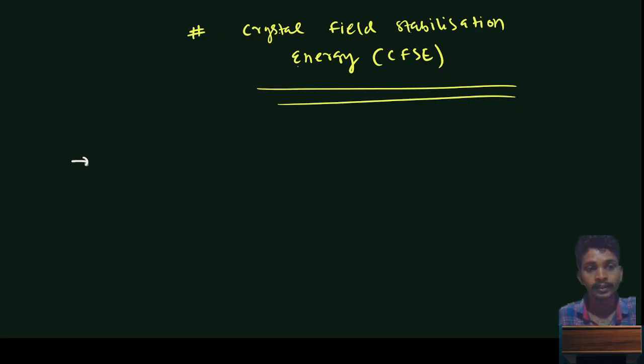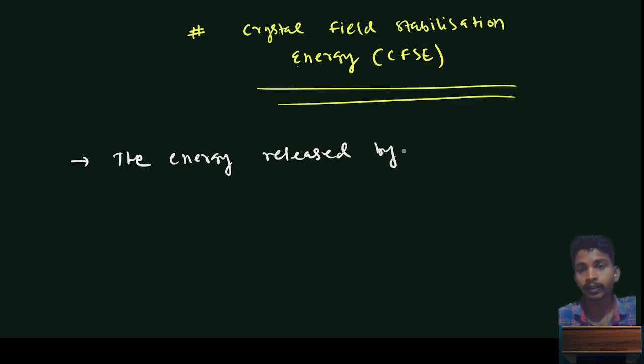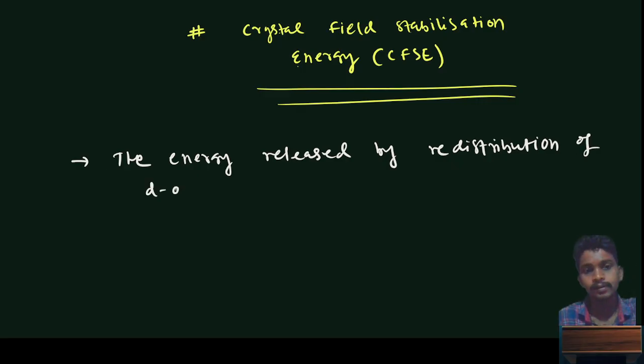If you define it, this is the energy released by redistribution of d orbitals in the presence of ligands.